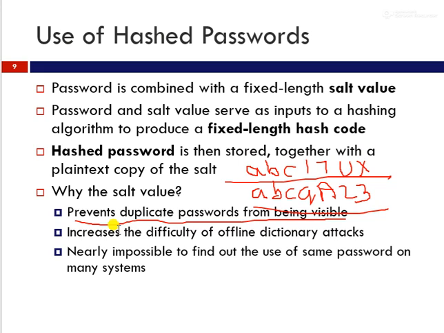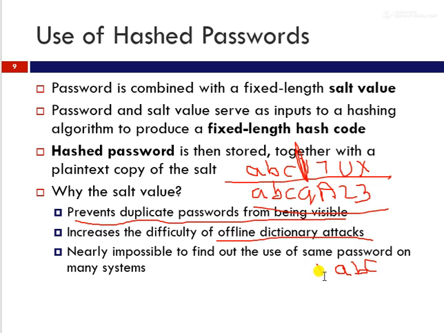The other is that it increases the difficulty of offline dictionary attack. How does it increase the difficulty of offline dictionary attack? A dictionary is like a database which keeps all possible password records. So if an attacker wants to guess this password like ABC, now the password is not just ABC, but it is combined with this salt value also.